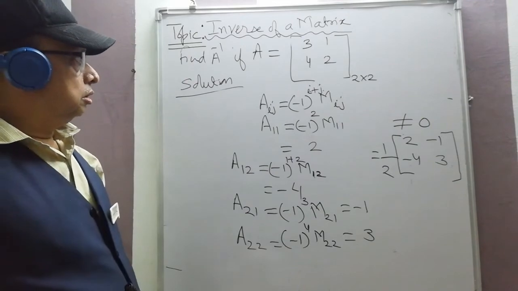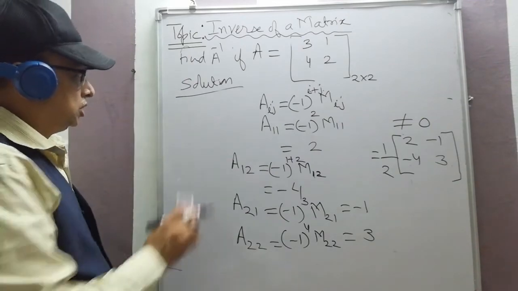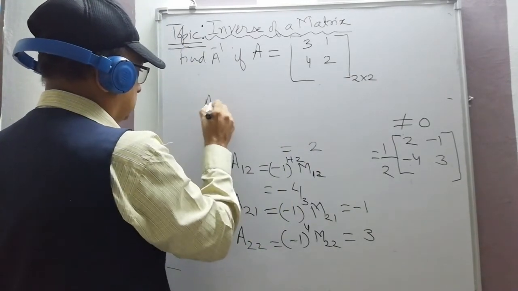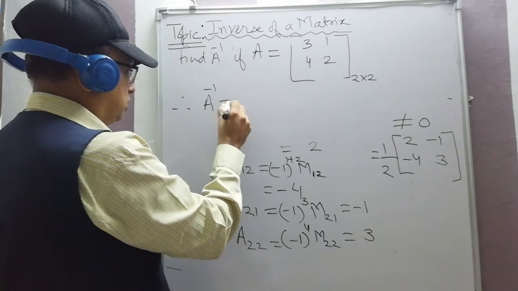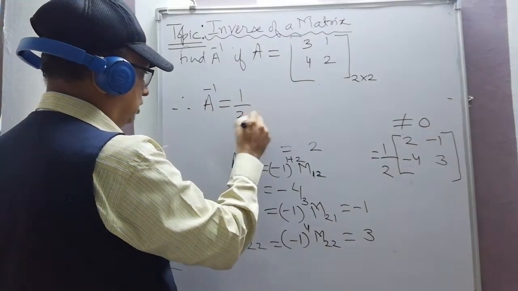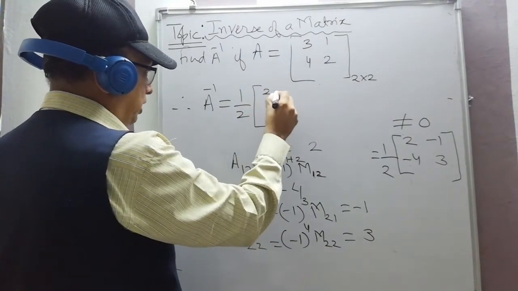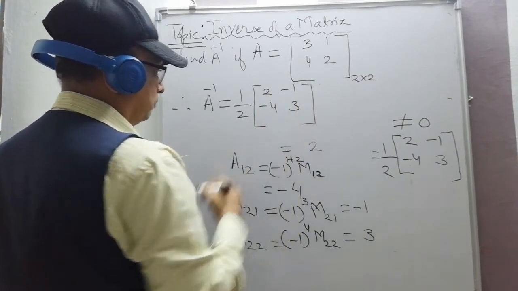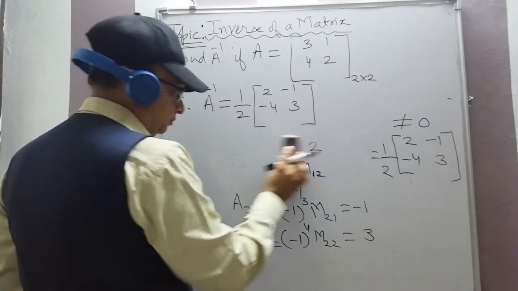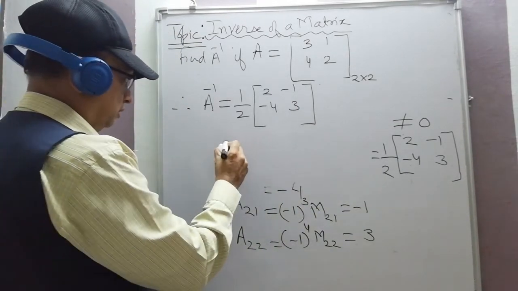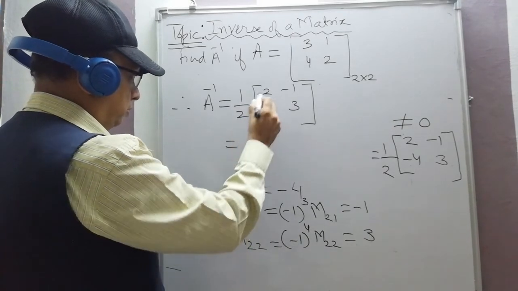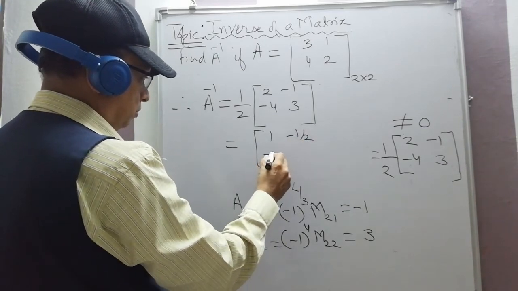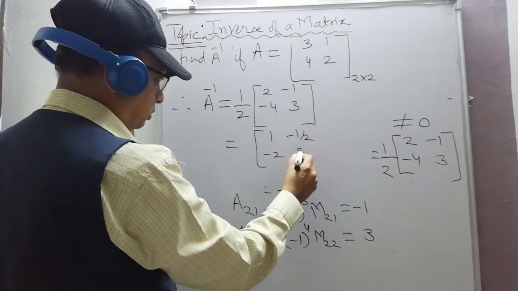Okay. So now A inverse is equal to, how much is it? Therefore, A inverse is equal to 1 upon determinant A into 2 minus 1 minus 4, 3. On simplifying, we are getting 1 by 2 multiplied, which is 1, minus 1 by 2, minus 2 and 3 by 2.